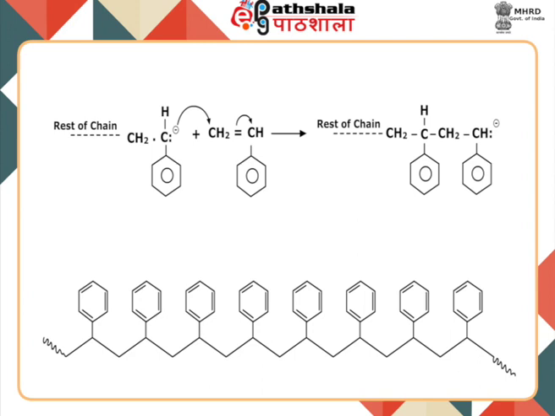Sodamide dissociates to give sodium ion and amide anion. The amide anion attacks styrene to generate a carbanion. The carbanion intermediate attacks another styrene molecule to propagate the chain.